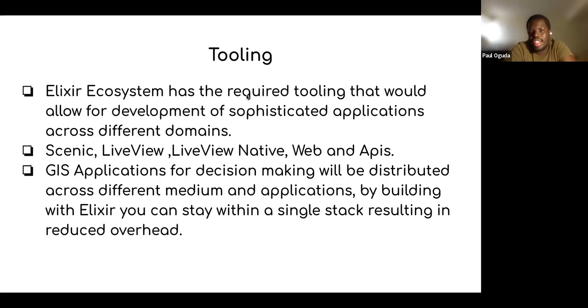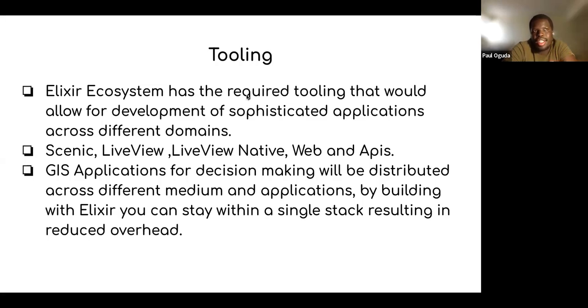And at times GIS is used across different domains, not just the web. For many who don't know, most of GIS is actually not on the web. It's in government departments, in the form of maps and all that.